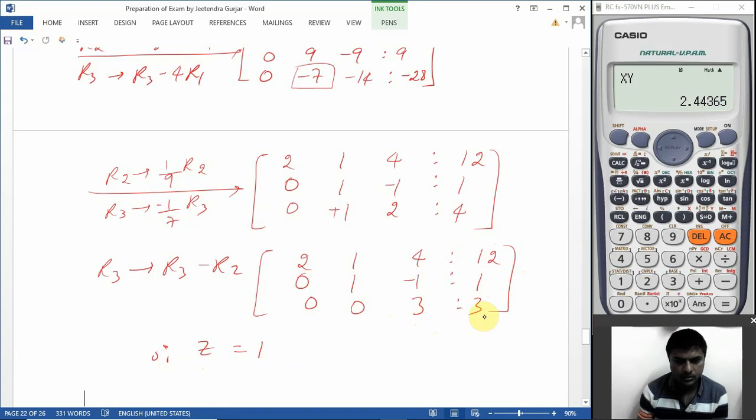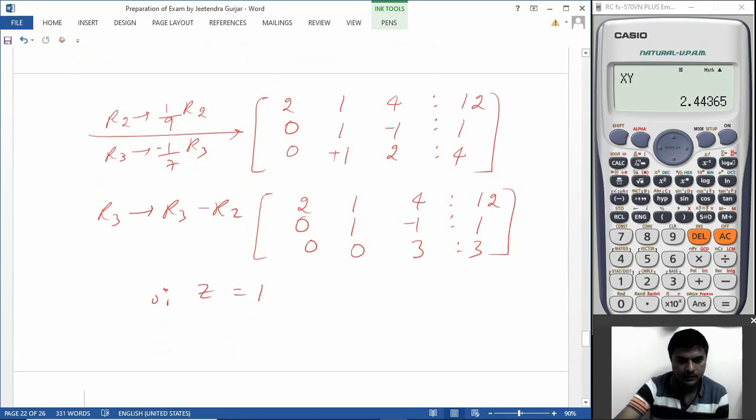Substitute the value of z, which is 1, and substitute the value of y is equal to 2 in the equation. That implies easily you should get x is equal to 3. Please try in the calculator. So x is equal to 3, y is equal to 2, and z is equal to 1. If you get this answer, definitely you must get the full marks, friends. You will get full 7 marks.